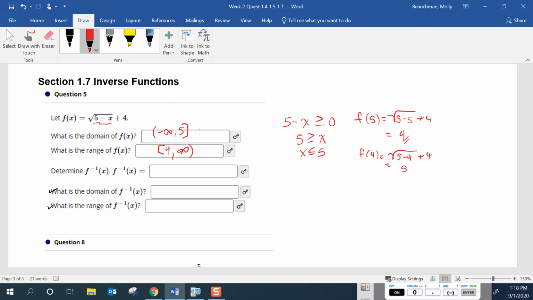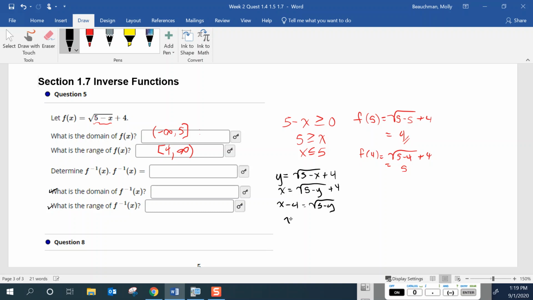All right, the next part of the question asks us to find the inverse. I know this function has an inverse because it's one-to-one by looking at the graph. So to find the inverse, rewrite your function with the notation y instead of f of x. Then take your x and y coordinates and switch places, and solve for y. I'm going to subtract 4 from each side. We end up with x minus 4 equals the square root of 5 minus y.